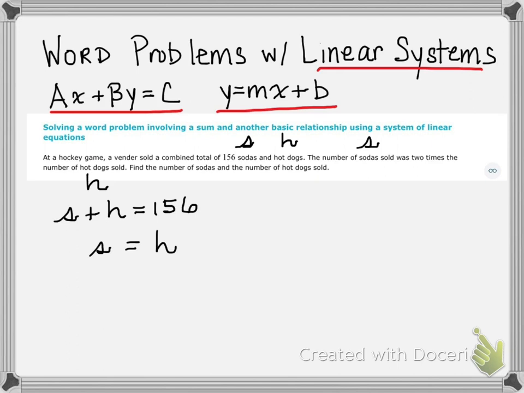We could think about it and give ourselves numbers and say, well, if there were 50 hot dogs sold, that means that there were 100 sodas because there's 2 times as many sodas sold as hot dogs. So with that numeric example, I can see that if I put the 2 there, that will make those equations equivalent.